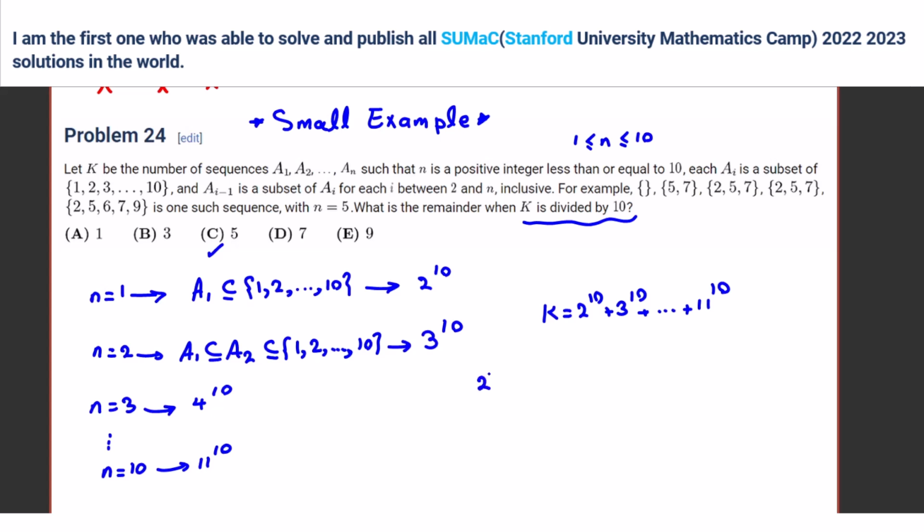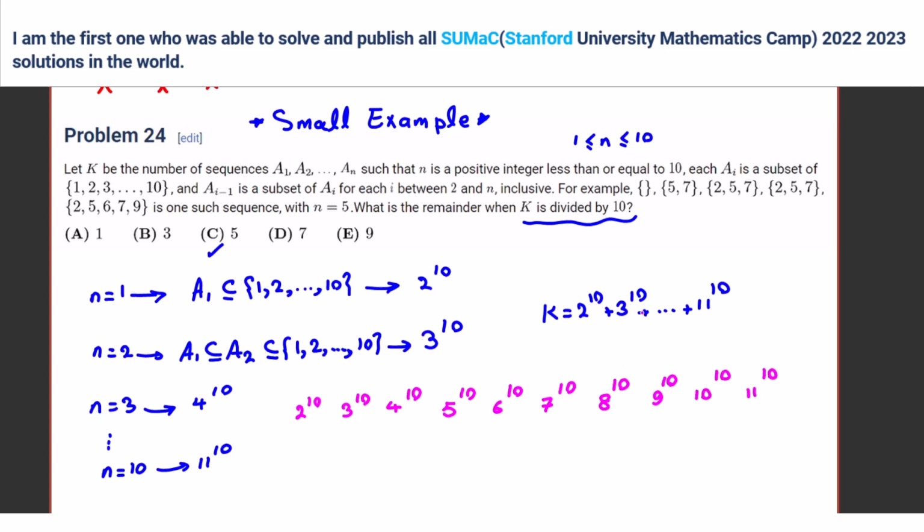Because let's write all of them first. 2 to the 10, 3 to the 10, 4 to the 10, 5 to the 10, 6 to the 10, 7 to the 10, 8 to the 10, 9 to the 10, 10 to the 10, 11 to the 10.